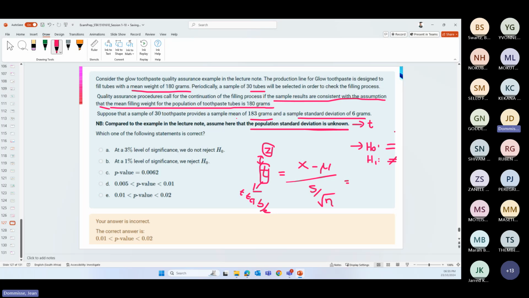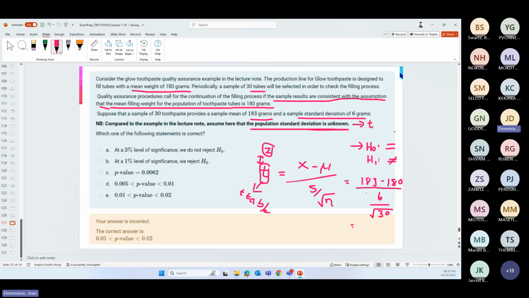So suppose the sample mean is 183 minus 180, then the sample standard deviation was 6, and your sample size was 50. Okay, so then we work that out.